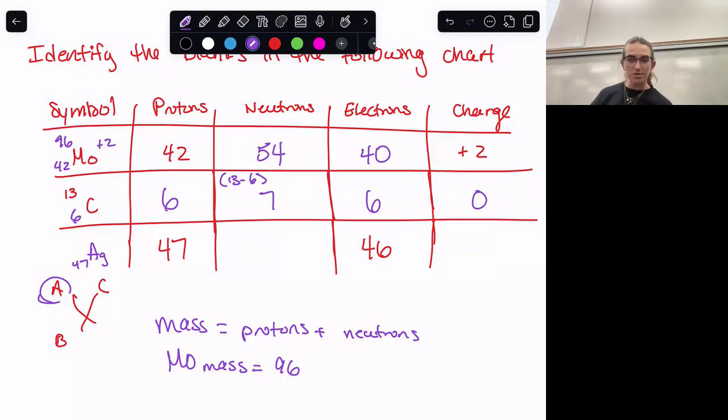Silver, we can round to 108, right? We'll say the mass of silver is 108. So does that number go somewhere? Yep, so it's going to go in the A spot.